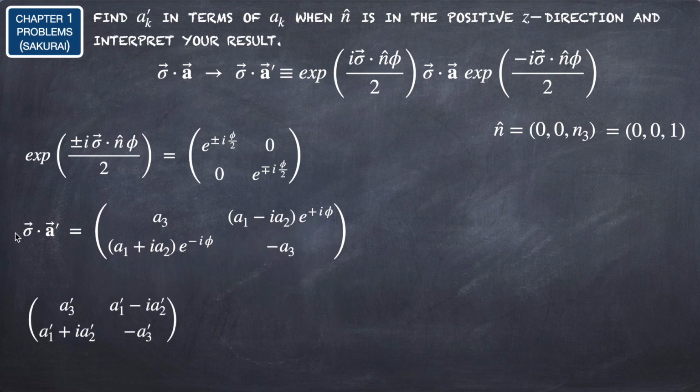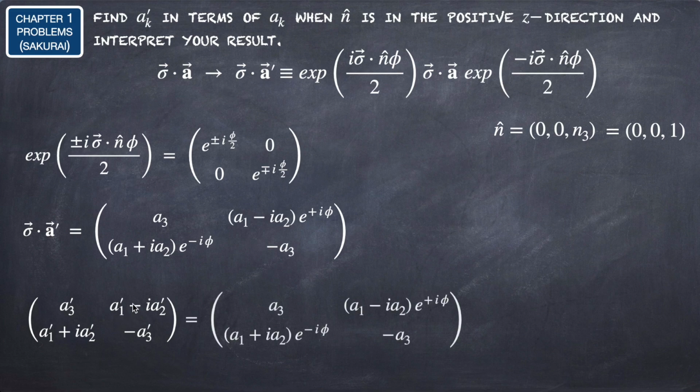Okay, but sigma A prime is A3 prime, minus A3 prime on the diagonal elements. And the off-diagonal elements, they are A1 prime minus i, plus i times A2 prime.